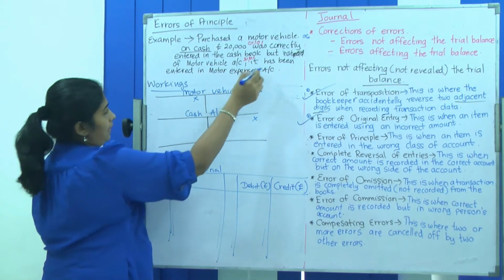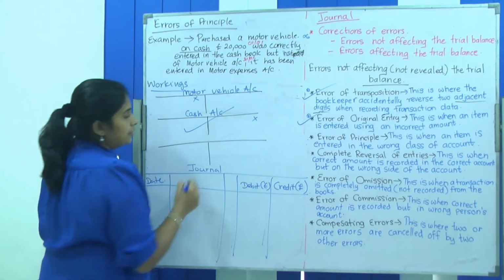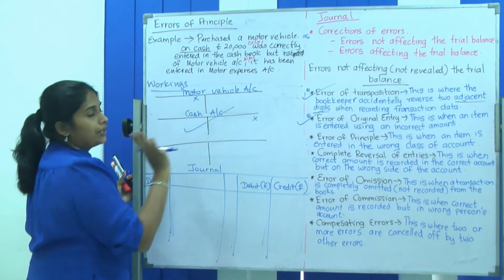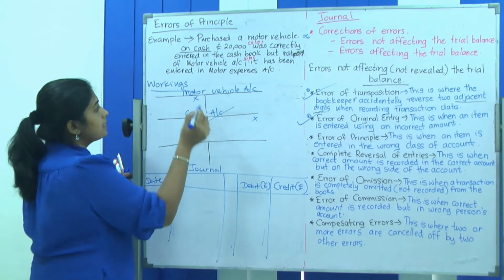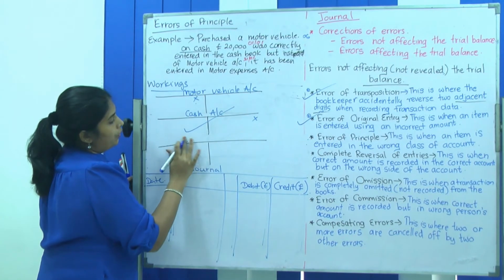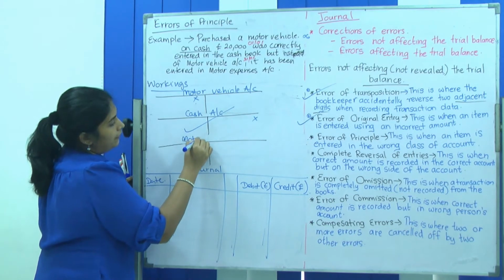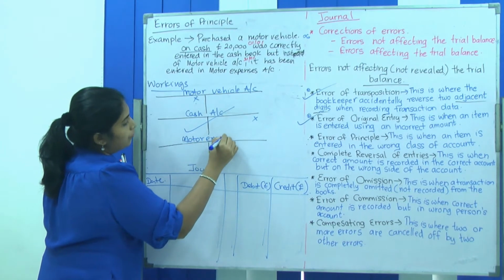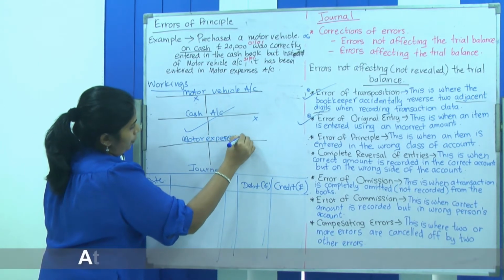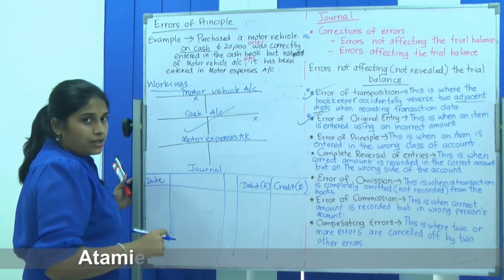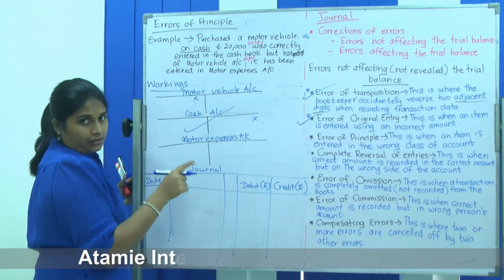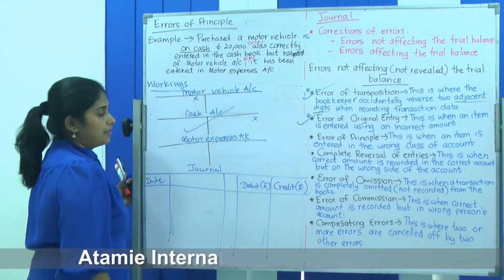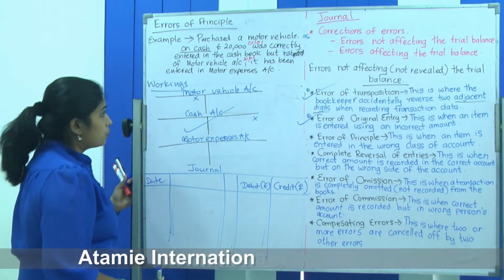Now here it says it has been correctly entered in the cash account. So the cash account entry is correct, but instead of the motor vehicles account, what they have done is they have recorded it in the motor expenses account. So according to this transaction, it affects the asset class, but instead of the asset class, they have recorded it in the expenses.